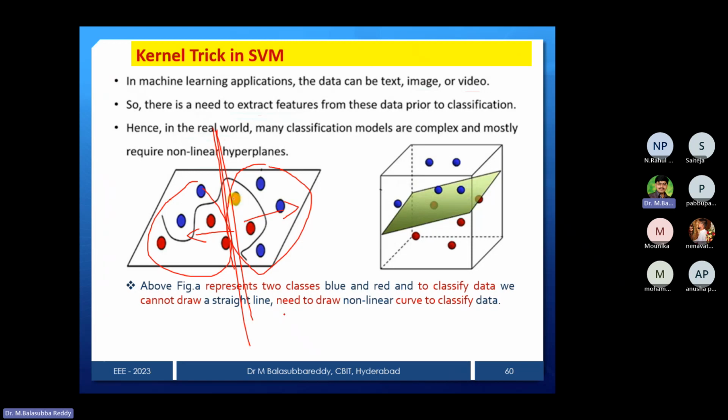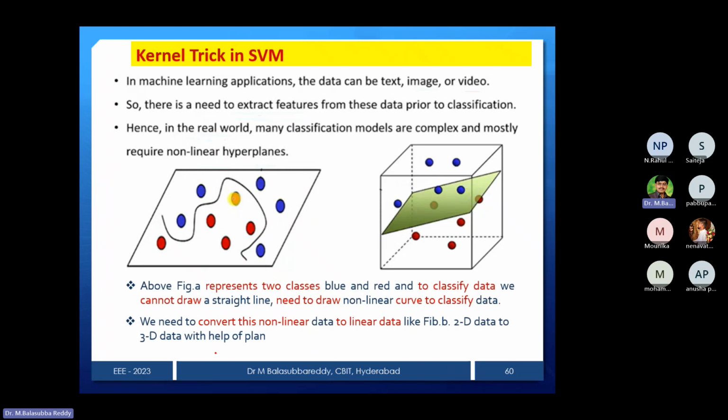Therefore it is not possible to draw a straight line to divide the two classes. That's the reason we convert non-linear data into linear data, or 2D data to a 3D plane.